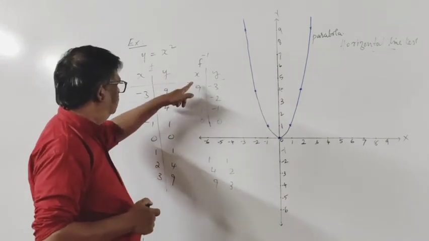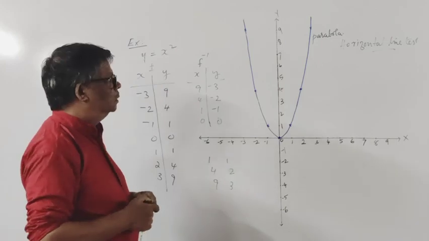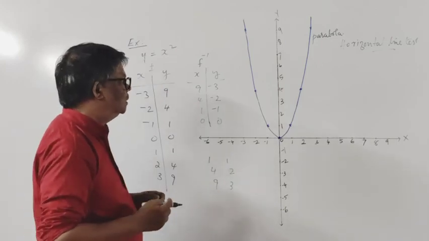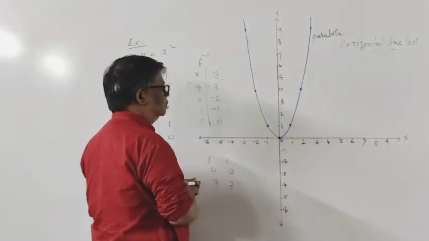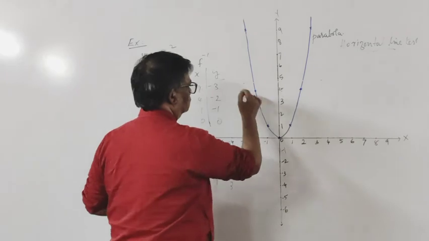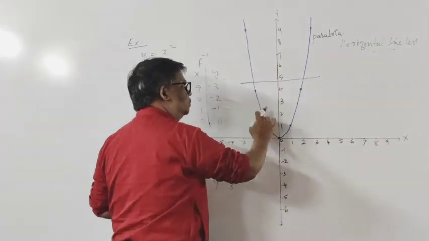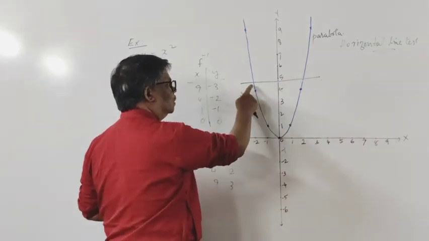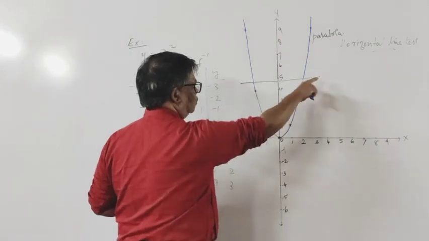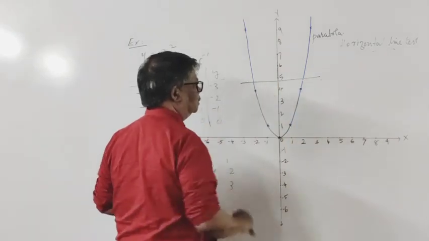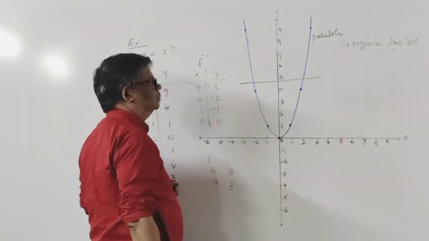This f is not invertible because, as we have seen, f inverse is not a function. So this horizontal line test tells us that if you draw a horizontal line, it should not meet the curve in more than one point. Here this curve is meeting this horizontal line in more than one point. So the inverse will not be a function.